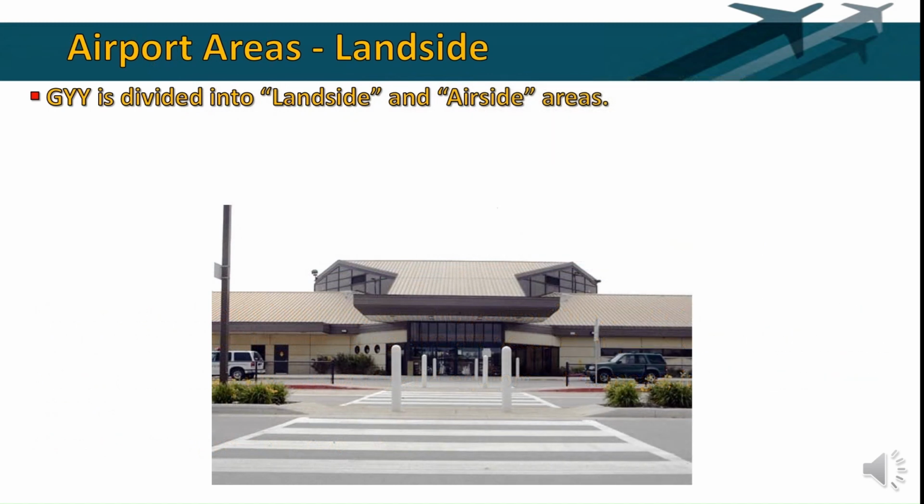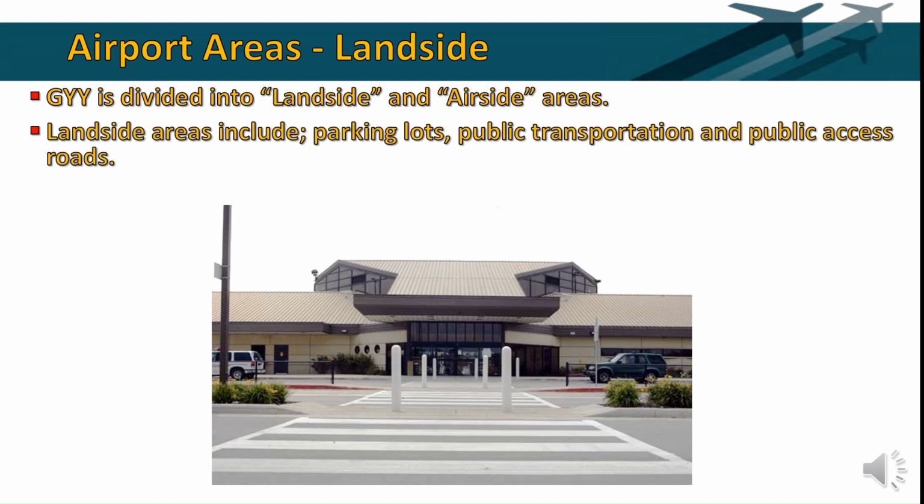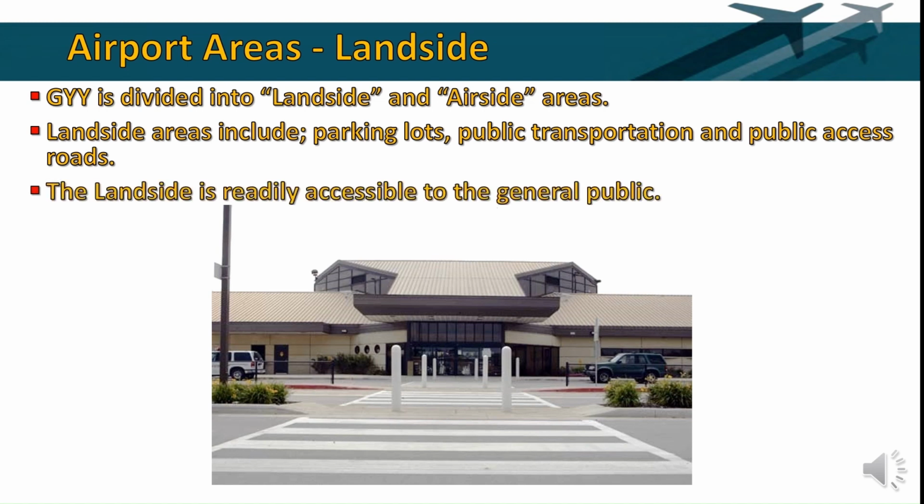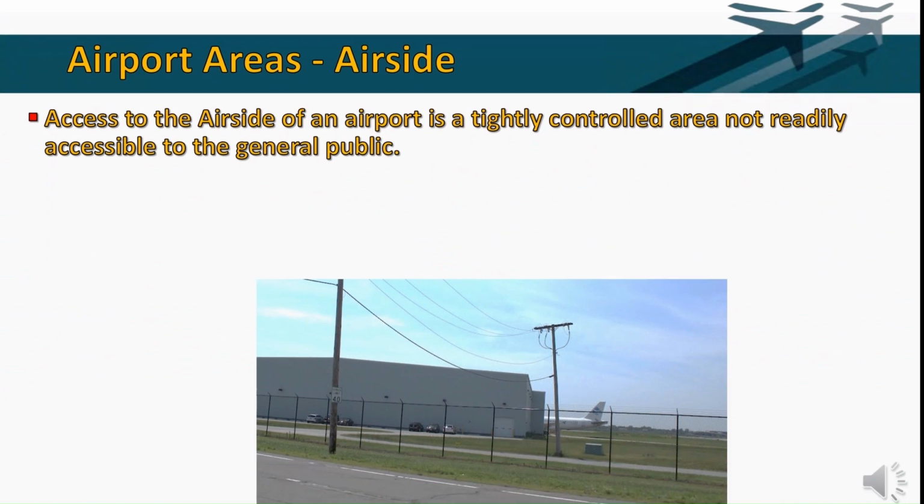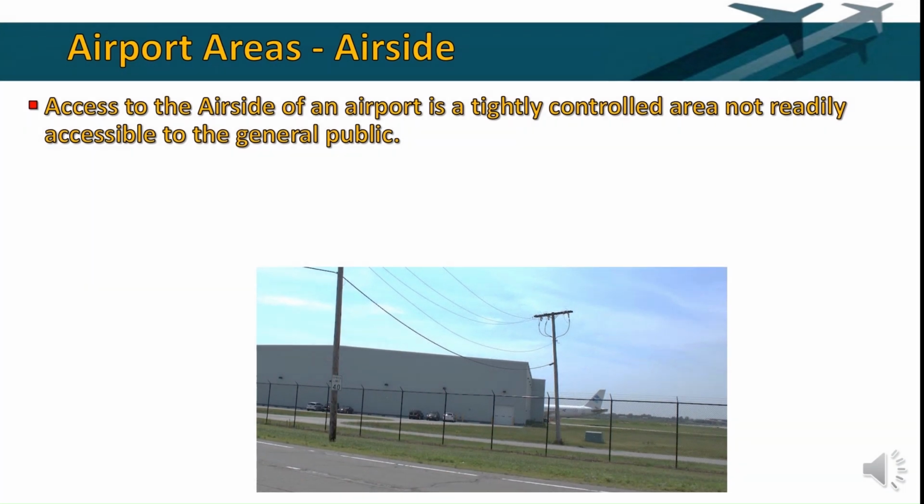Airport areas, landside. GYY is divided into landside and airside areas. Landside areas include parking lots, public transportation, and public access roads. The landside is readily accessible to the general public. Airside.